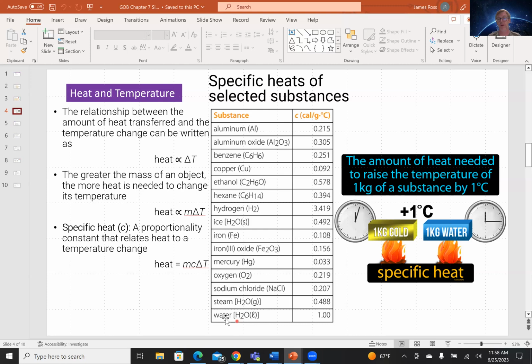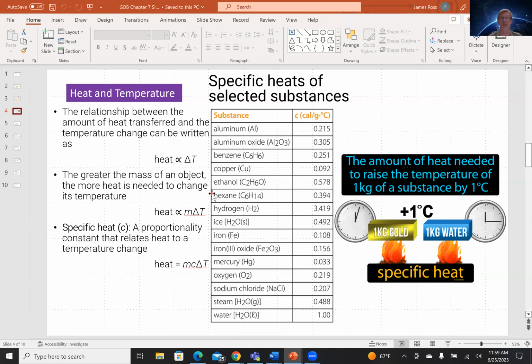We come right down to the bottom here. Water in the liquid phase has a specific heat in these units of exactly 1. So if you wanted to raise the temperature by 1 degree C for 1 gram of liquid water, you would need to add exactly 1 calorie of heat.